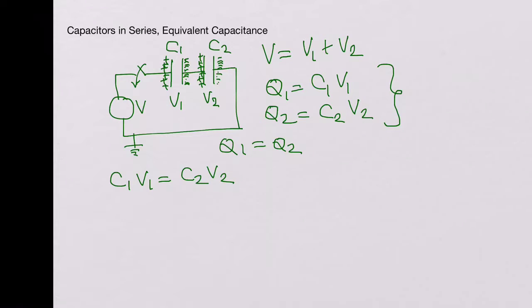So we can also write V1 is C2 V2 over C1.